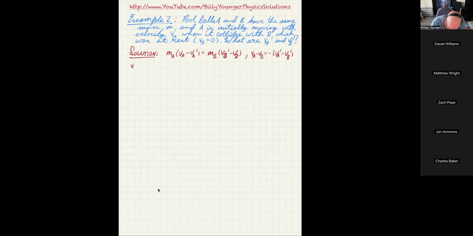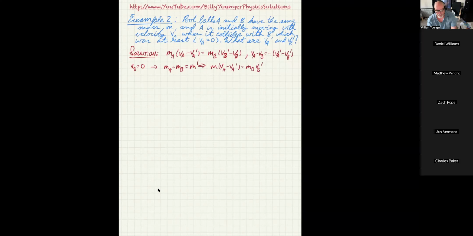First off, we're taking VB is equal to zero. Therefore, we get, by the way, MA is equal to MB is just equal to M. So we can combine all this to get M times VA minus VA prime is equal to M times VB prime.